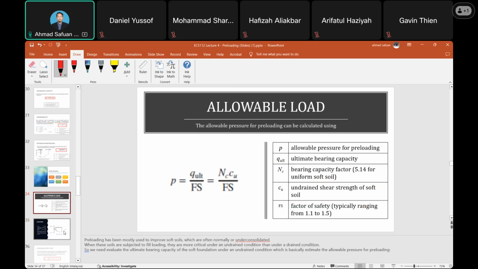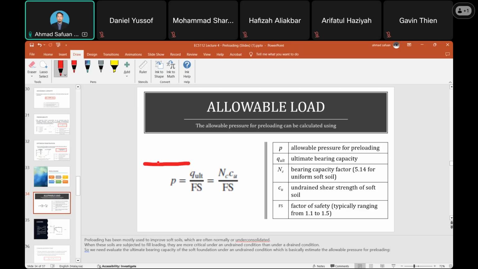The allowable load is the load that we determine from the bearing capacity of the soil. From there we can know what the limitations are, in order to make sure that there will be no foundation failure.